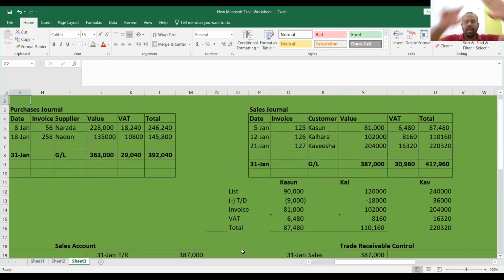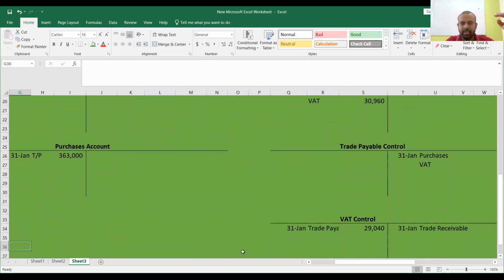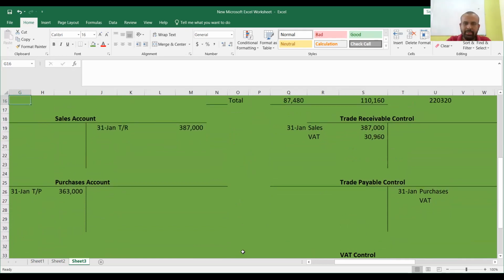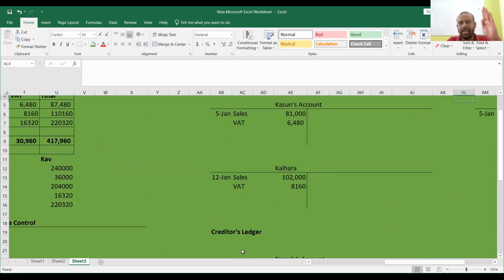You can see how we update the journals, how we update the private ledger accounts, and how we update the general ledger accounts. With the general ledger, we update at the end of the month with the total. But the private ledger account you should update soon after the transaction takes place. In the private ledger we make a single entry.